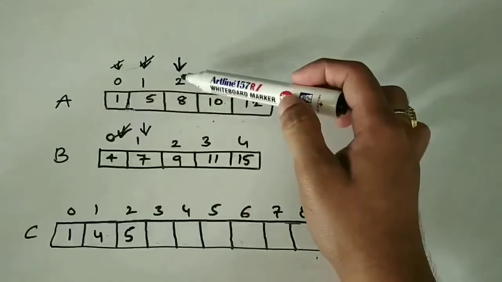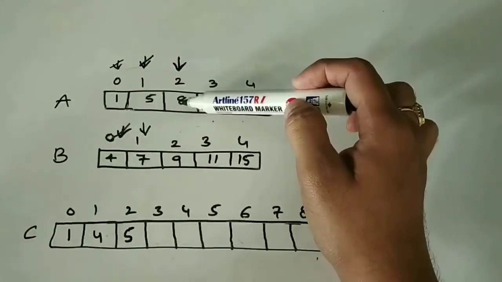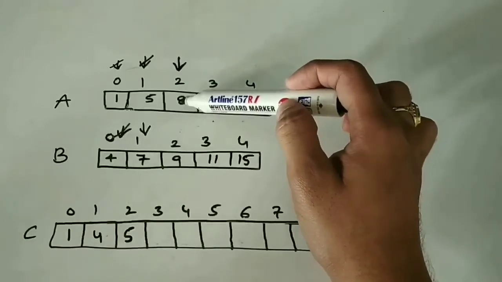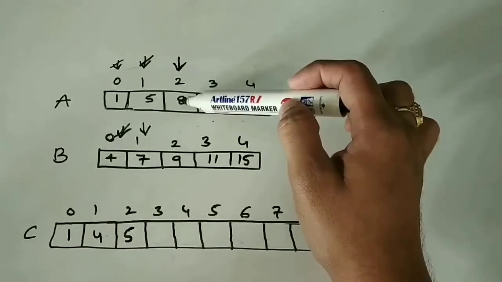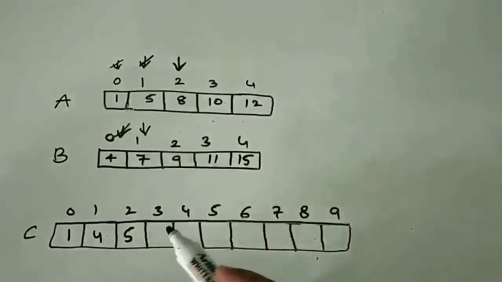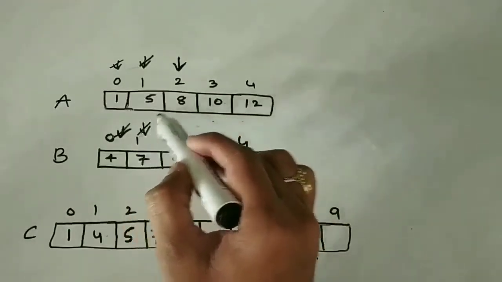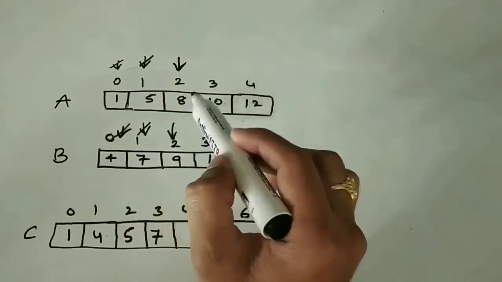Now the index value of A is 2 and I will compare values of A and B again, and here the values are 7 and 8. 7 is smaller than 8, so I will add 7 to the third array and I will increment the index here.